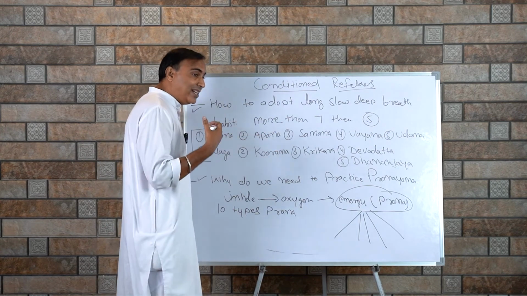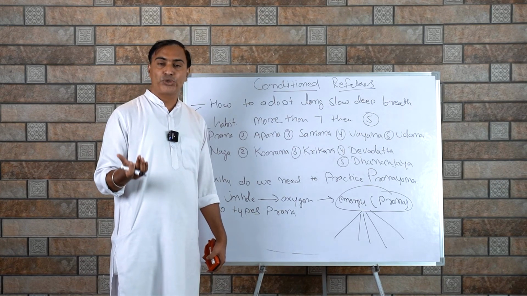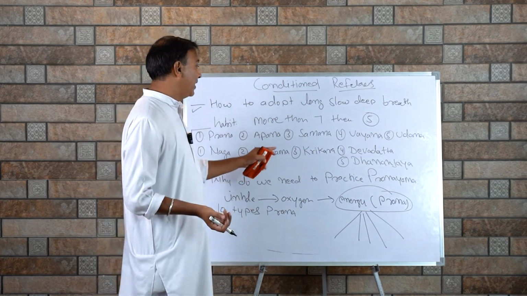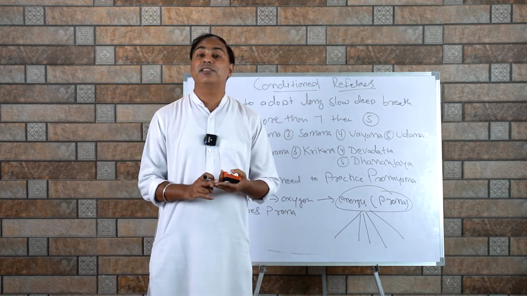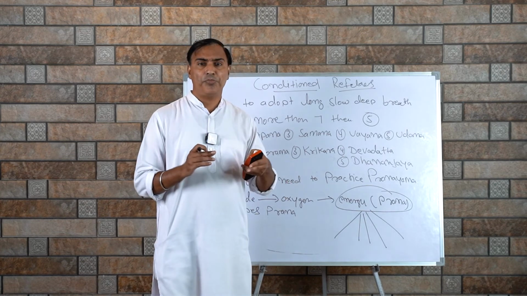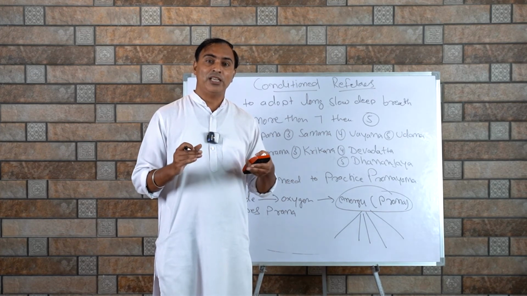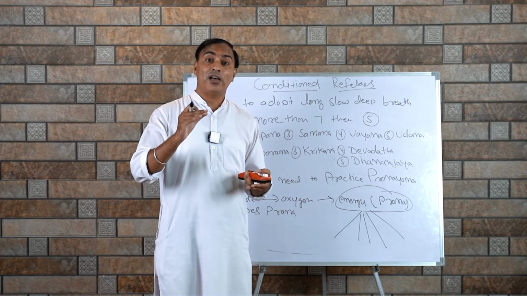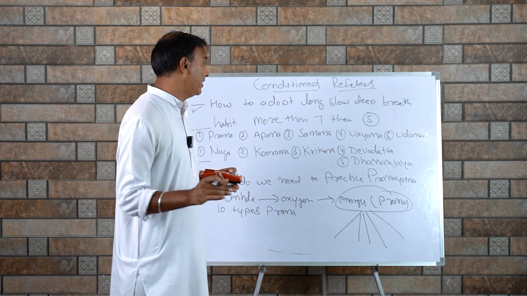Apana is for expelling the toxins, including carbon dioxide, stool and urine. Samana is responsible for heart functioning and the digestive system. If the Samana is working properly, then our heart system and digestive system will work tremendously.